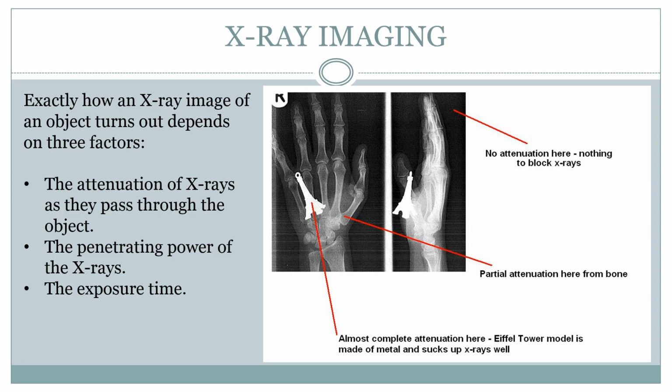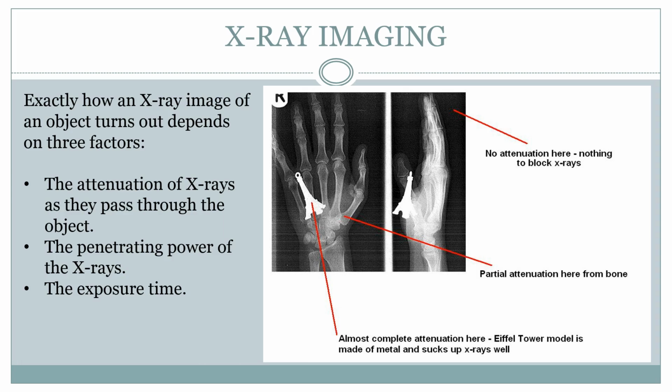Now, you can see in this diagram here an X-ray image of a hand holding a little metal model of the Eiffel Tower, and you can see that there are different attenuations for different parts of the body. So you can see that the bone has partial attenuation, so it absorbs some of the X-rays, but allows some of them to pass through, whereas the soft tissue surrounding the bone absorbs or attenuates very few X-rays, and most of them pass through.